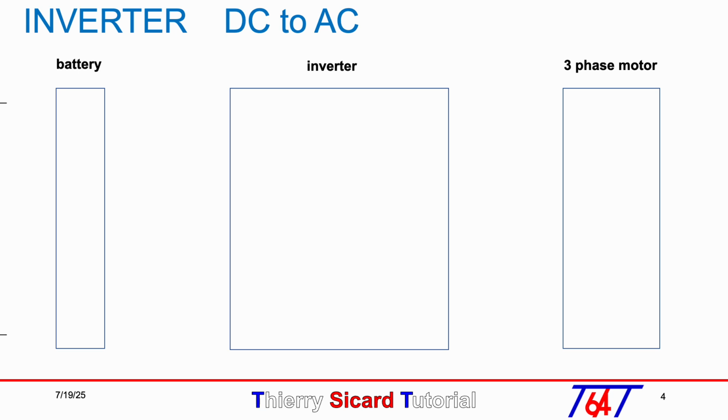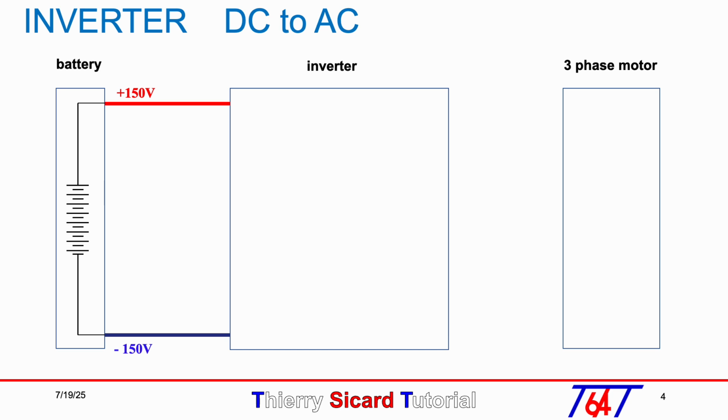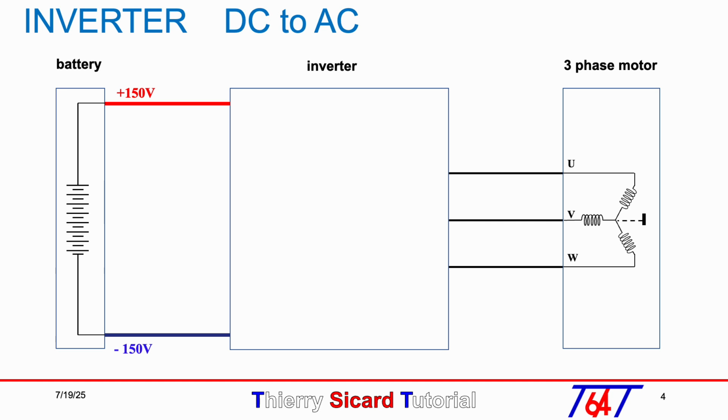On the left, we have a 300-volt battery whose two red and blue connections are plus 150 and minus 150 volts respectively. On the right, we have a three-phase motor whose three inputs U, V and W are connected to the inverter.